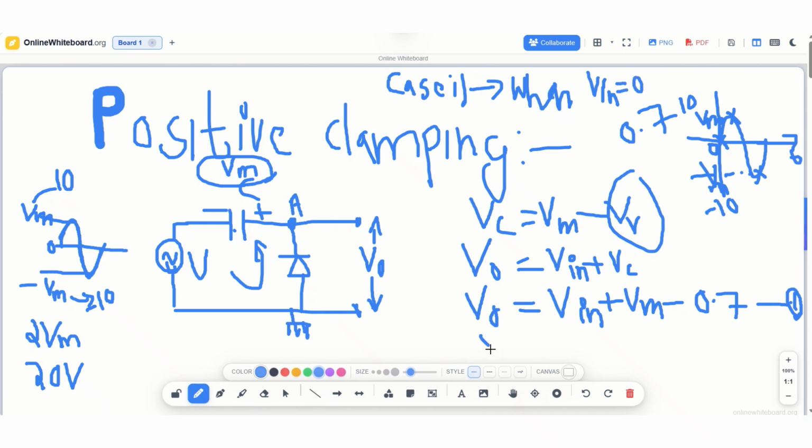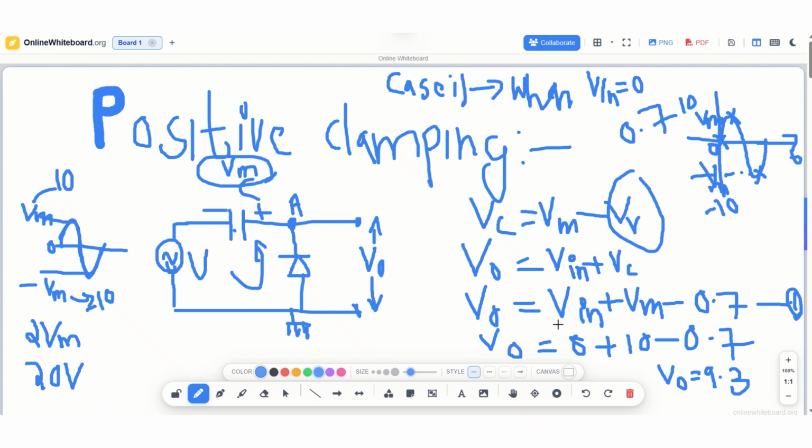Vout equals 0 plus Vm, which here is 10, minus 0.7. So when Vin equals 0, the output will be obtained at 9.3 volt.